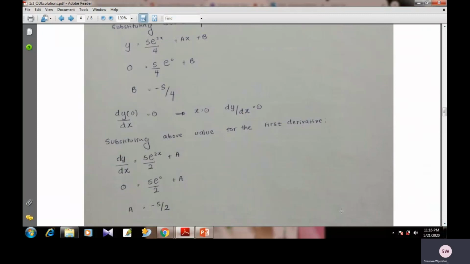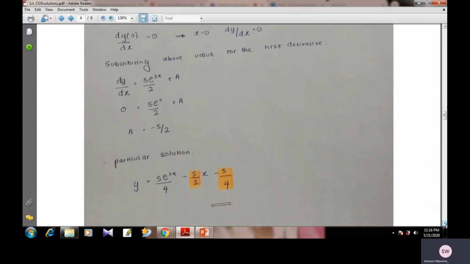So we can find the value of a as minus 5 over 2. So the particular solution is y equals 5e^2x over 4 minus 5 over 2 times x minus 5 over 4. This is the value of a and this is the value of b.